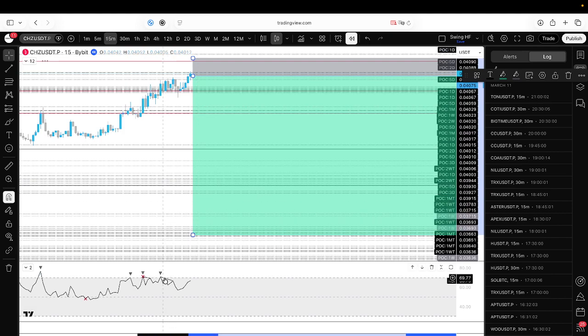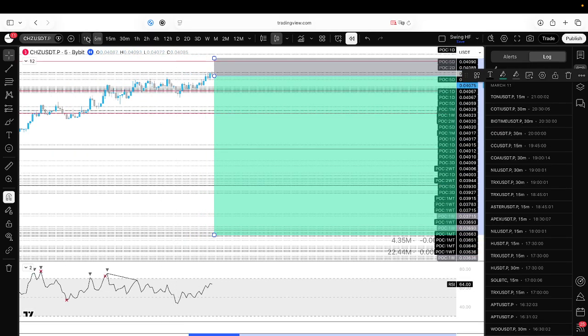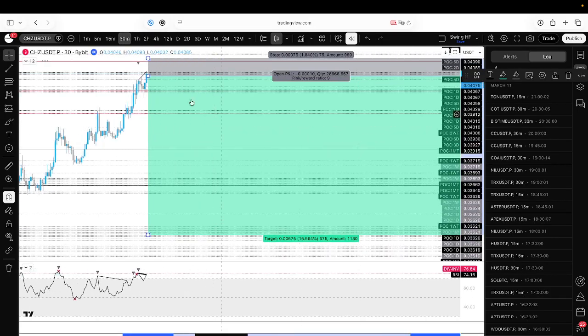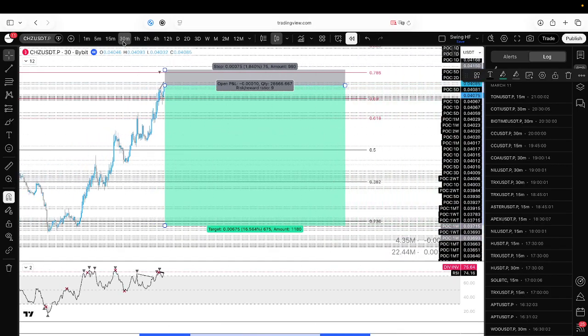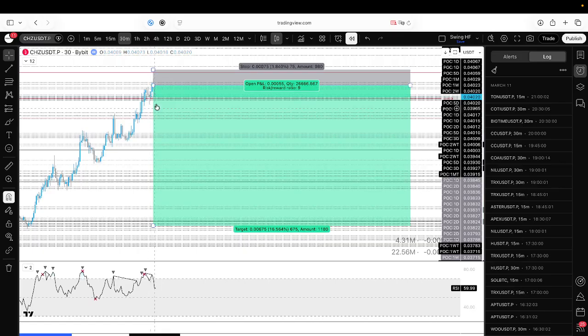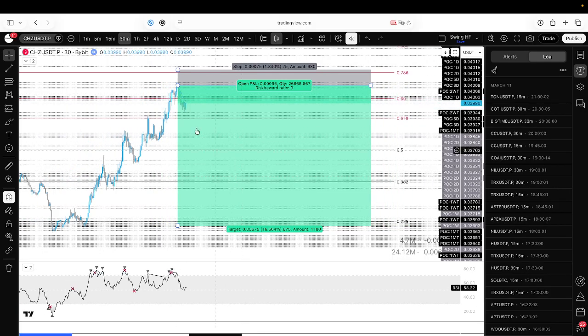We had a 15 minute peak here, divergence up here, and I don't think we had it on the 5 or the 1. Okay, 15 and 30, perfect, filled down. We confirm the div here on this candle. We set stop loss to break even, and from there we are going down.